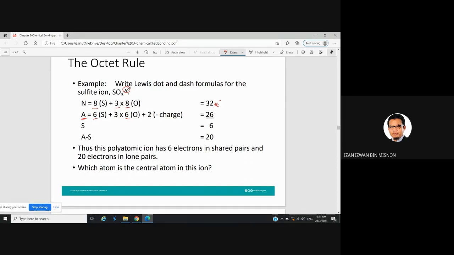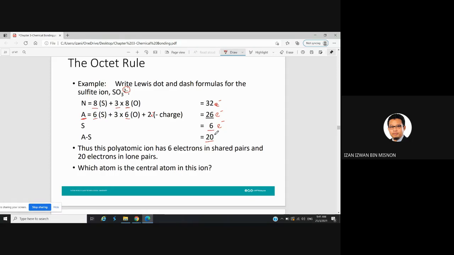So in this case, we have 2 additional electrons, for a total of 26 electrons. N minus A, we will have 6 electrons, and A minus S, we have 20 electrons. Thus, the sulfite ion has 6 shared electrons and 20 unshared electrons.